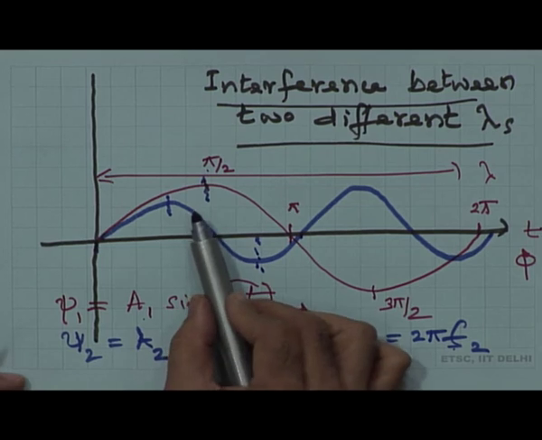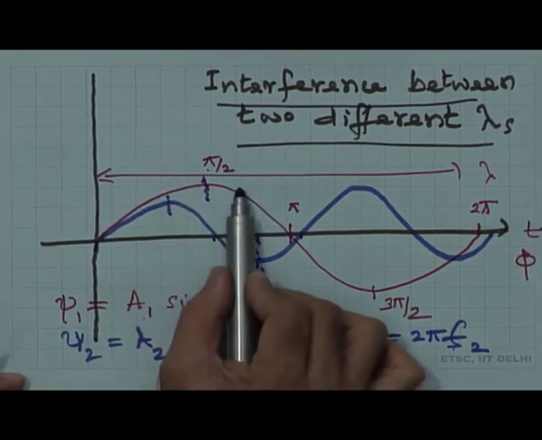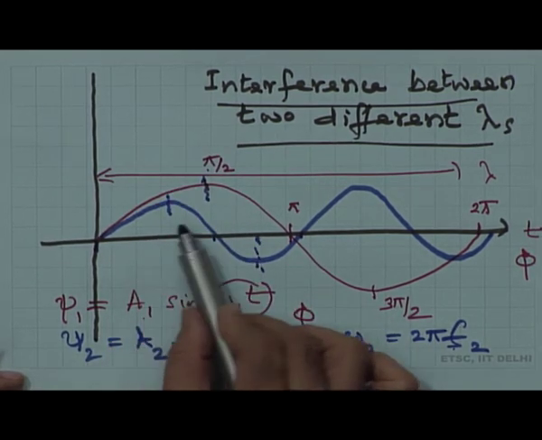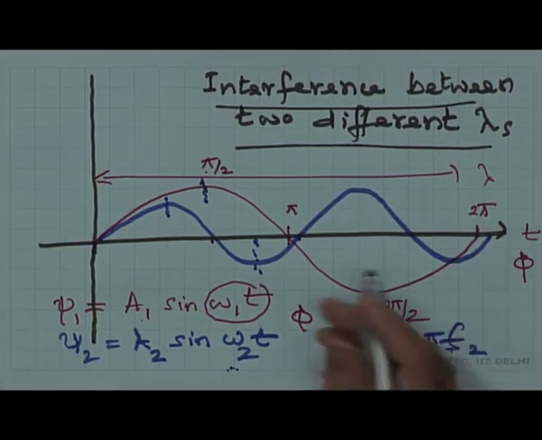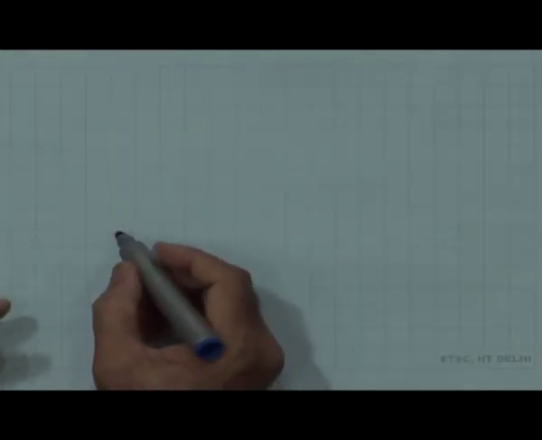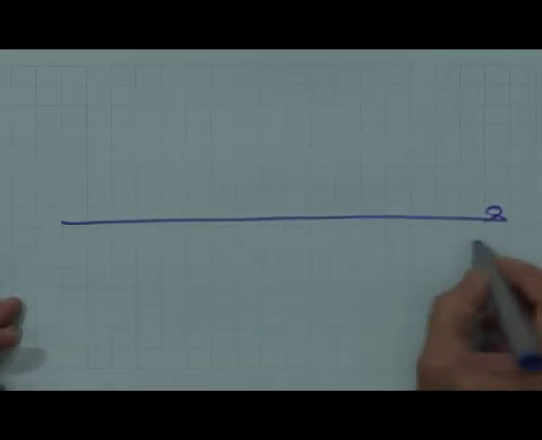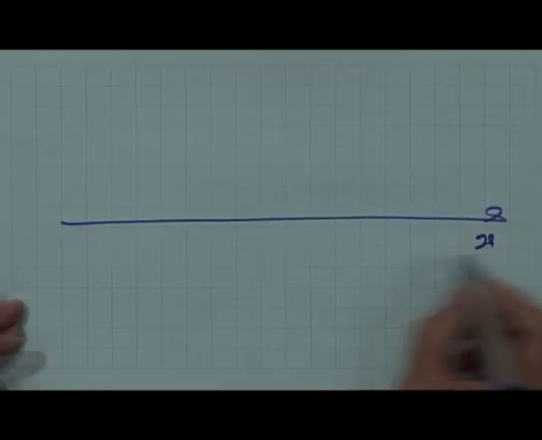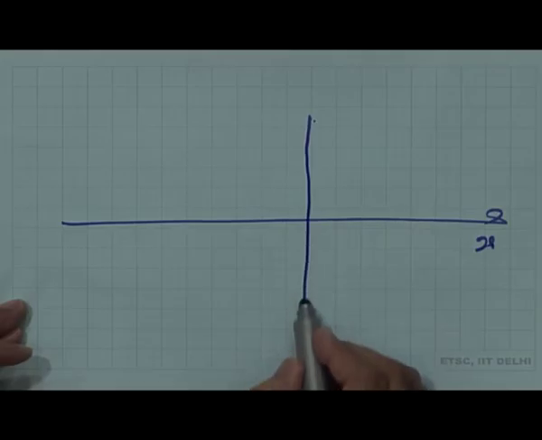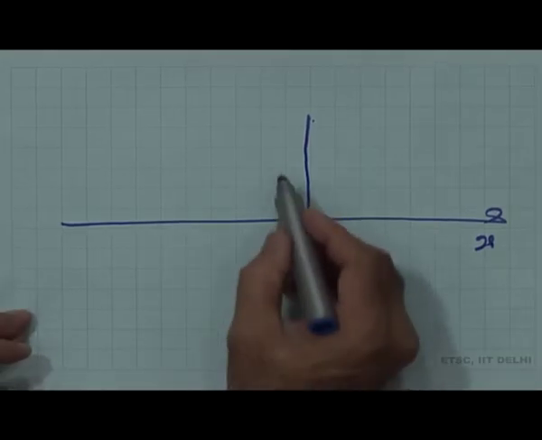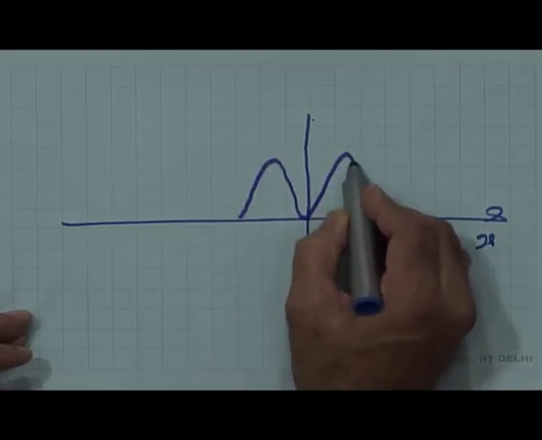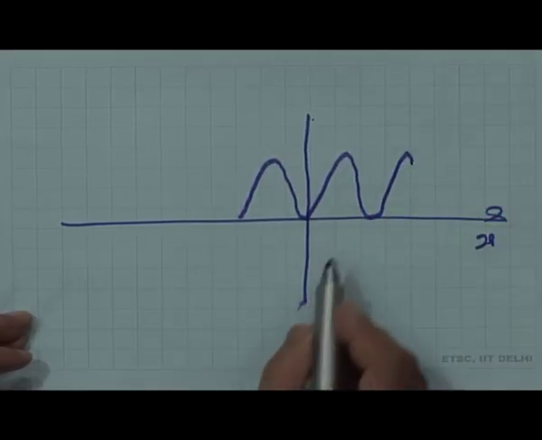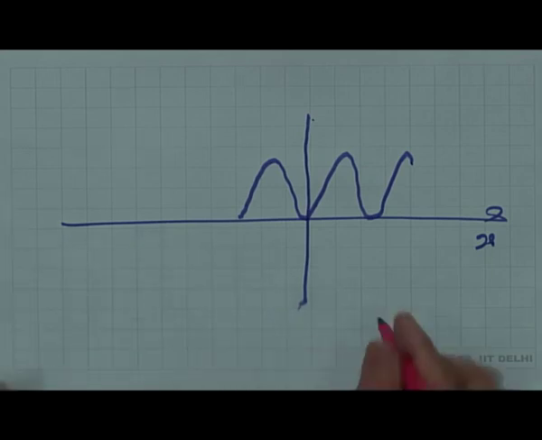So, what is happening? There is a phase difference between the two waves and the phase difference is continuously changing with time. If I plot as a function of x, at any position x, blue is varying rapidly like this and red is varying slowly.